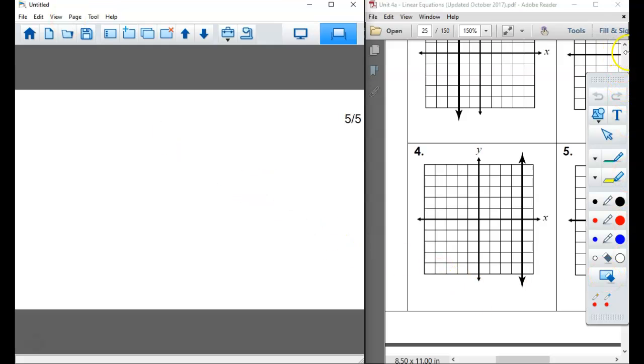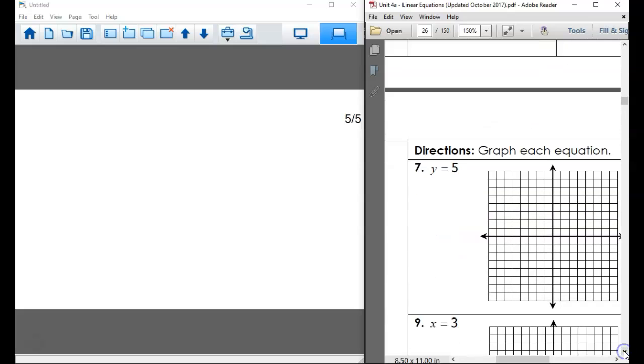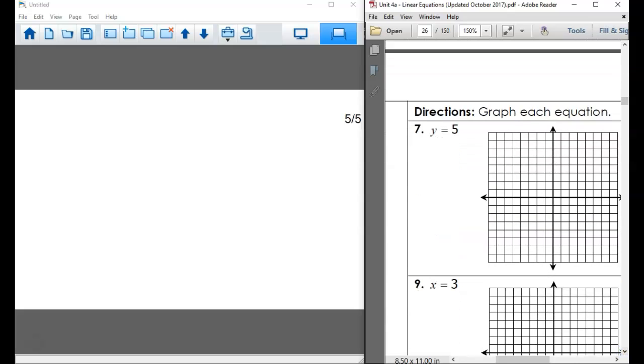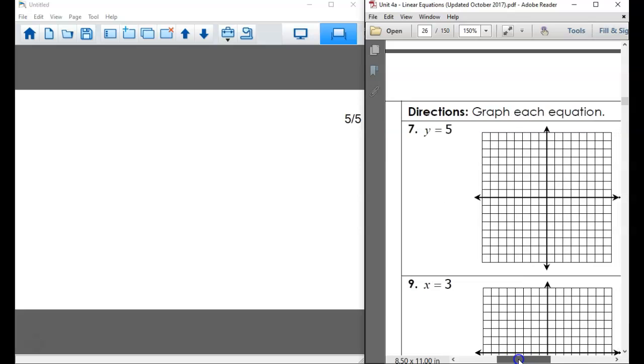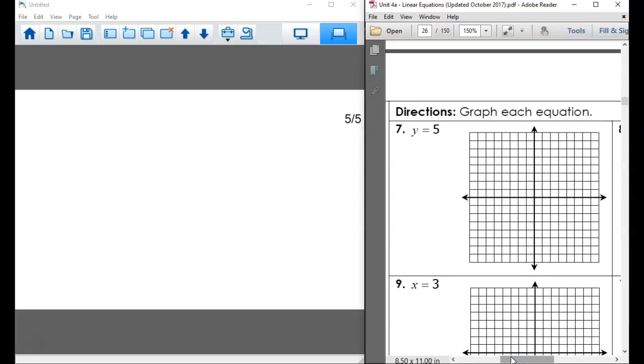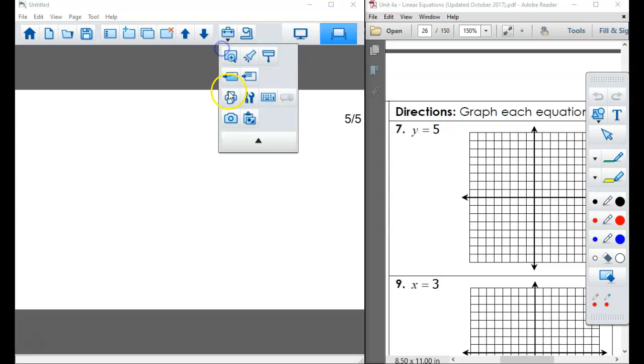And then after you have determined that, then where does it cross? All right, so now the second thing you're going to be asked to do in today's assignment is to graph some lines. So look at this number 7 over here. They're going to ask you to graph y equals 5.